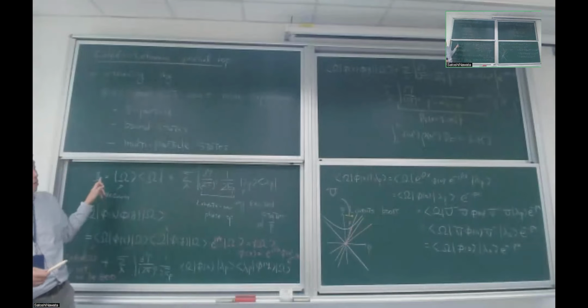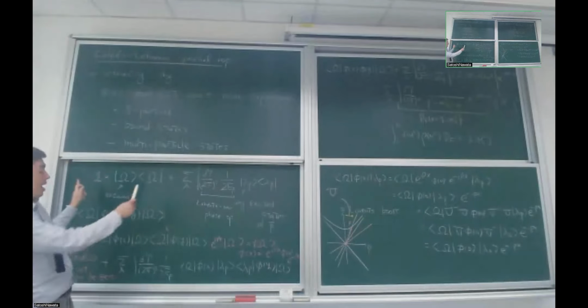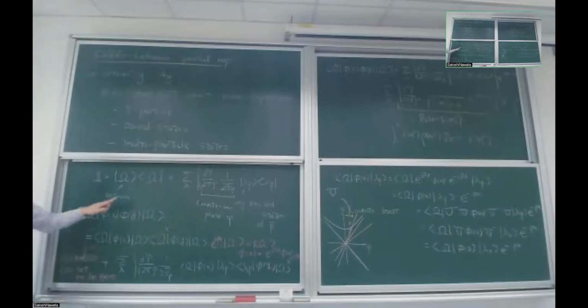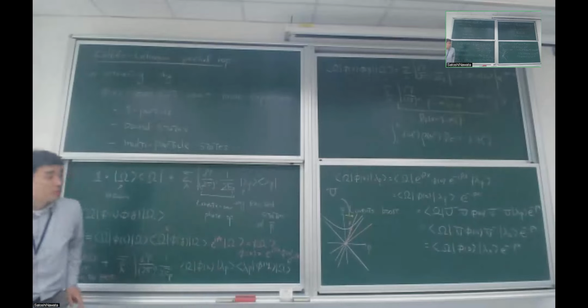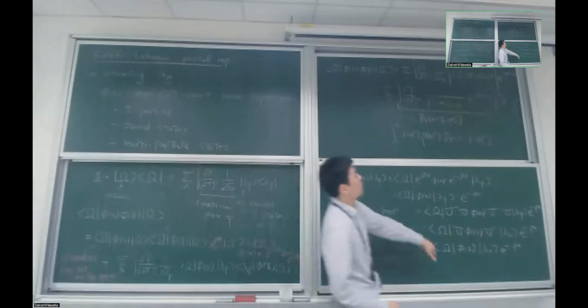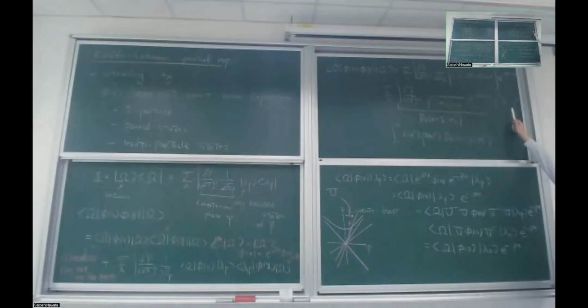Furthermore, if you plug that into the two-point function here, what you get is a scalar quantity that is independent of p.